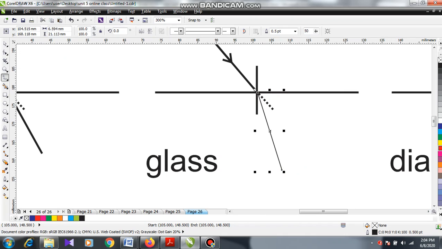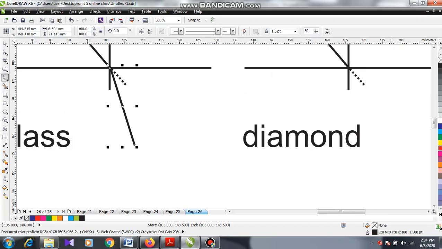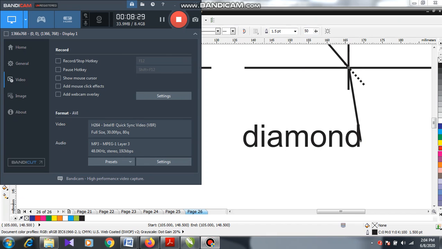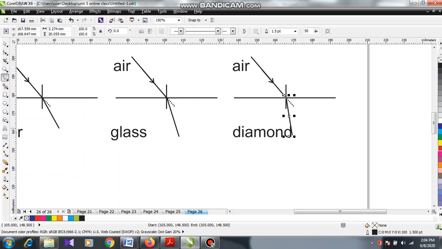Diamond is very high, so it will refract very close to the normal.